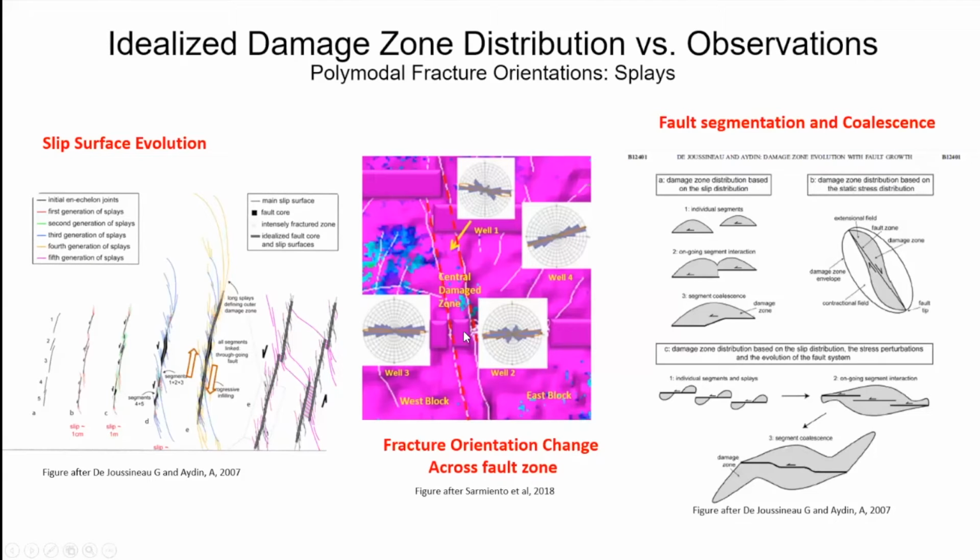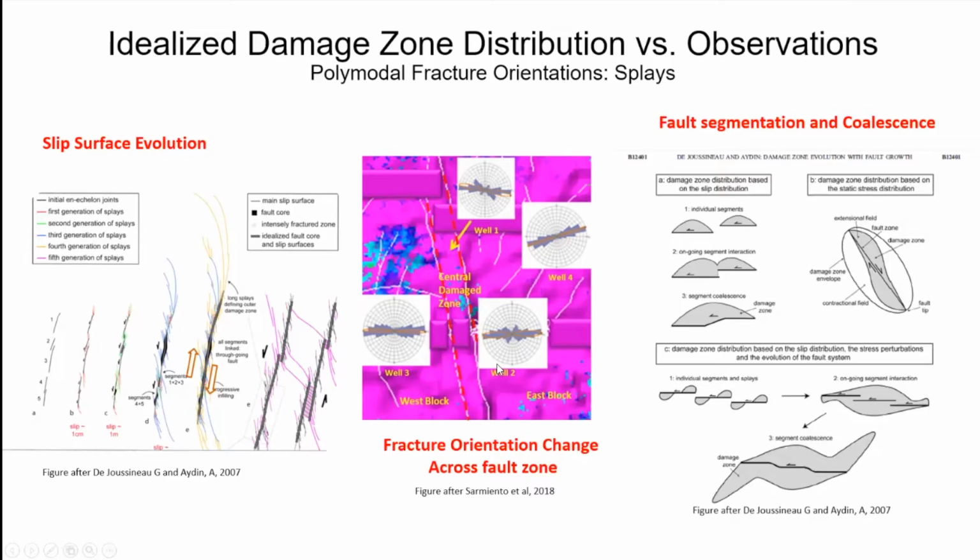And there are different wells across this fault damage zone. There is clearly a difference in the fracture distribution within the damage zone at well 1 compared to well 2.